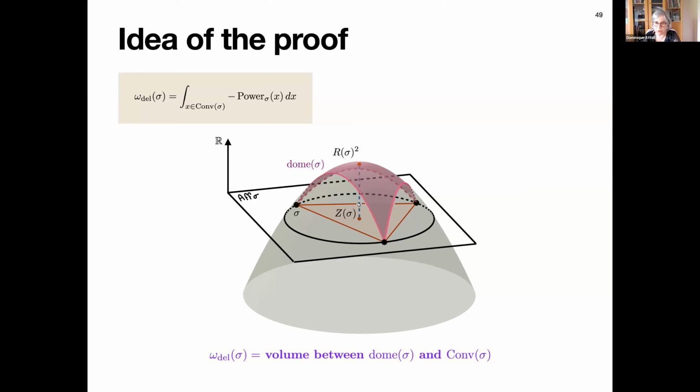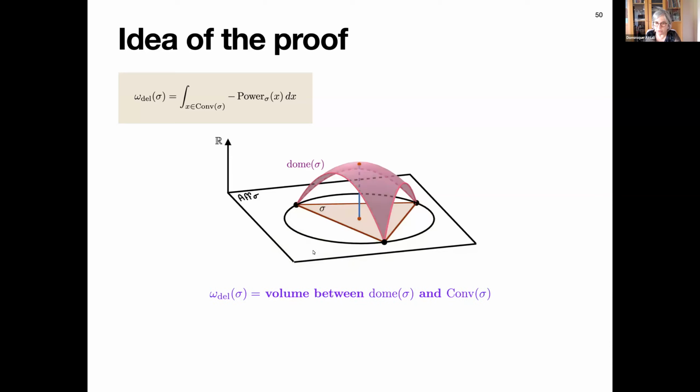The highest point of this paraboloid is at height the circumradius of sigma squared. And it turns out that if we consider just the part of this paraboloid that is above sigma, we're going to call this the dome of sigma. The Delaunay weight is precisely the volume above sigma and below the dome. So it can be reinterpreted like this.